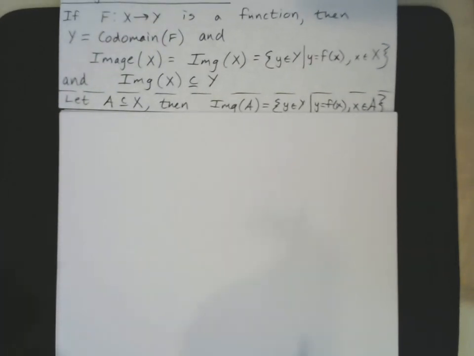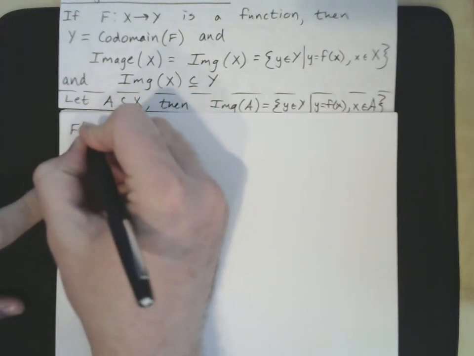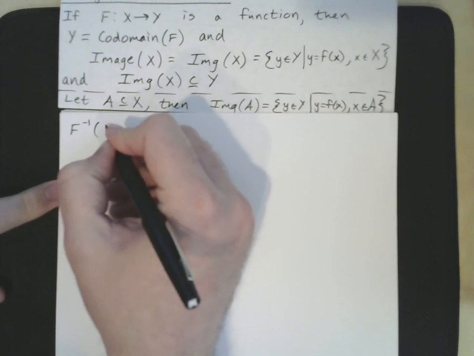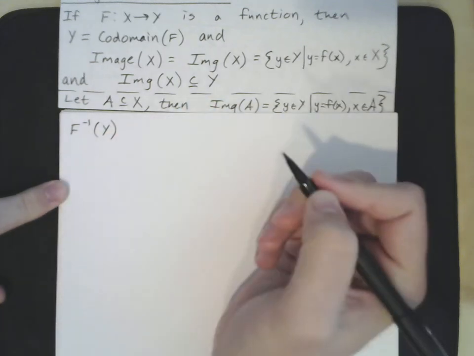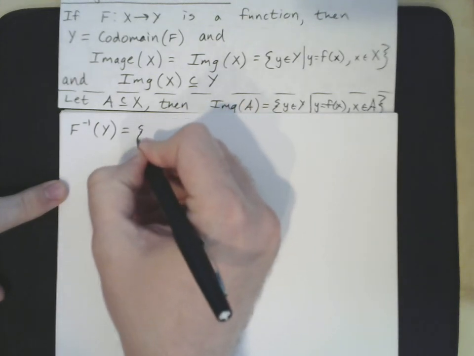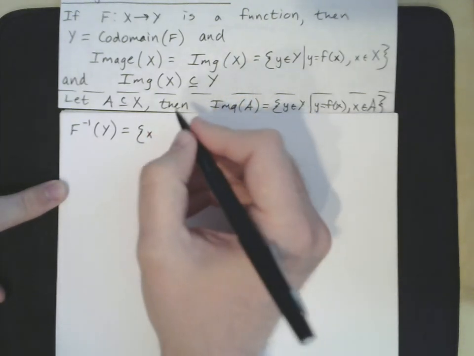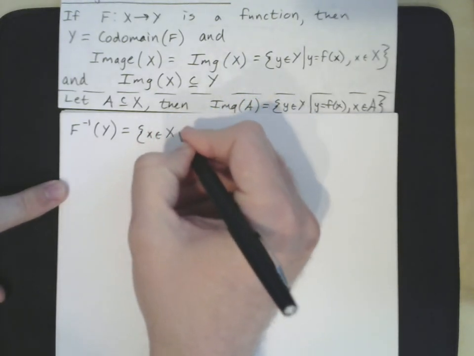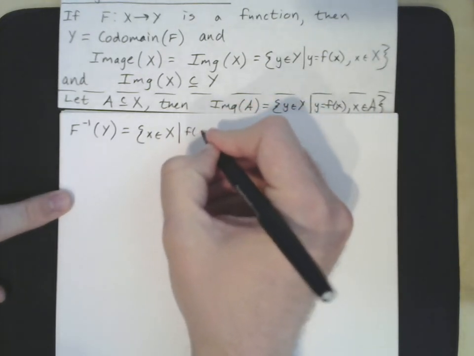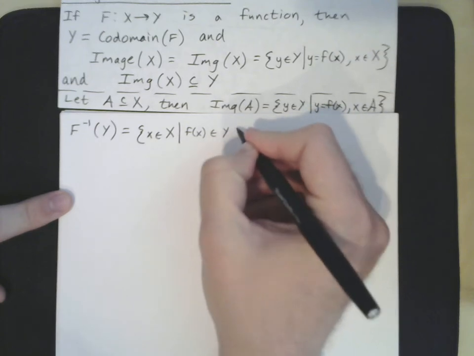So we can take the inverse, and this would be of y. So the inverse of y takes x, which are in capital X, such that f of x is an element of y.